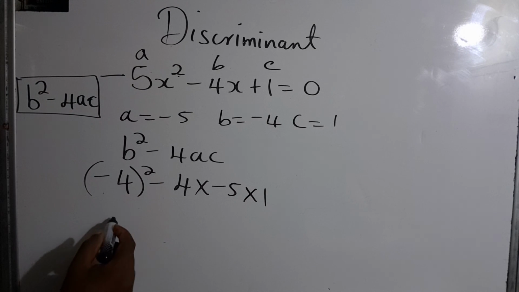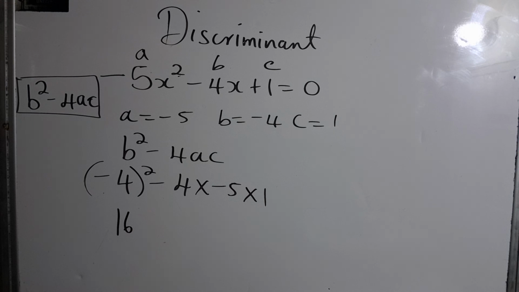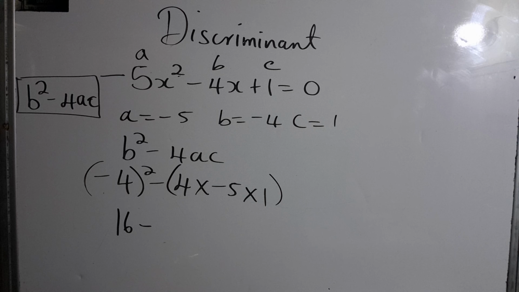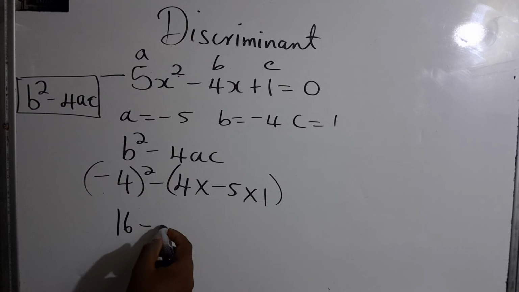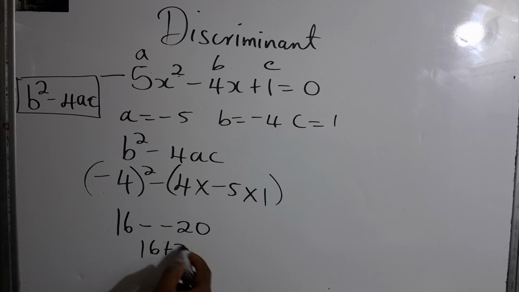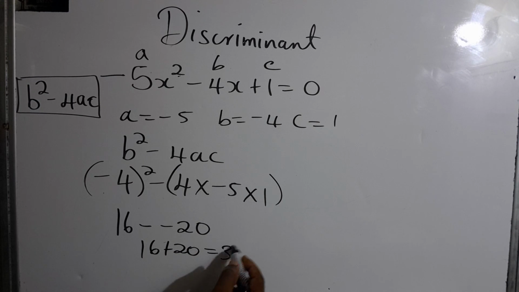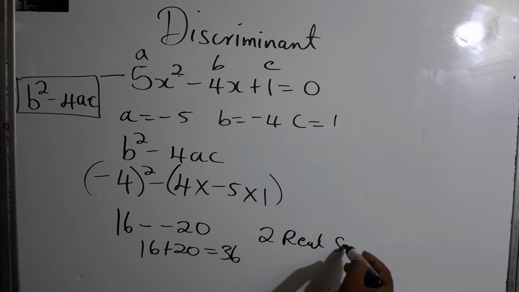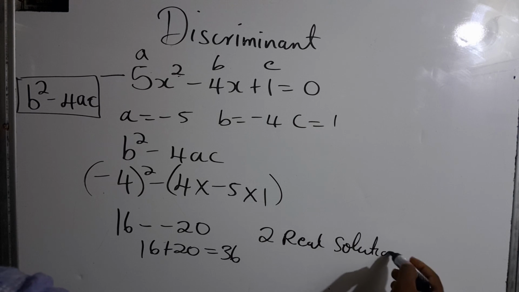Negative times negative gives you a positive, so this works out to 16. Put our minus: 4 fives are 20, that's negative 20 times 1, which gives you negative 20. So we add them, so it will be 16 plus 20, which is equal to 36. So that means we have two real solutions.